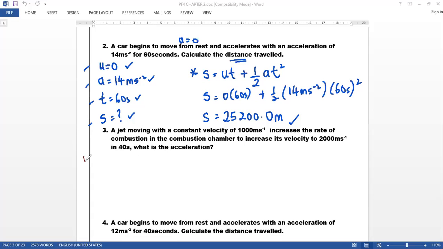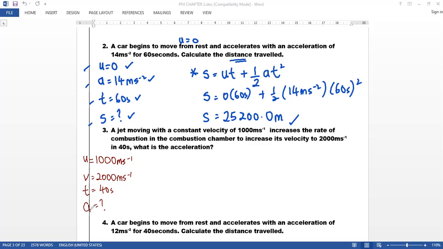So initial velocity found to be 1,000 meter per second. Increases the rate of combustion in the combustion chamber to increase the velocity to 2,000. So final velocity is 2,000 meter per second. And the time it took was 40 seconds. What is the acceleration?